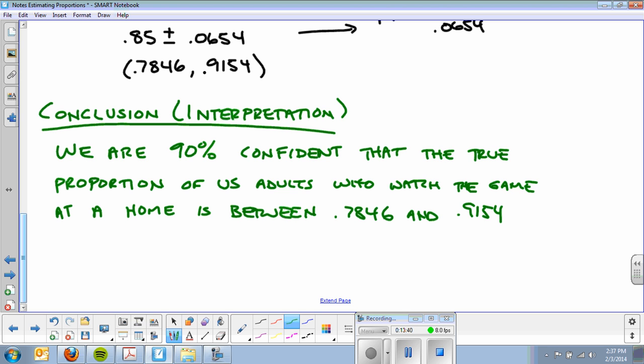Now, it's acceptable for you to turn those to percents, so you could call this 78.46% and 91.54%.